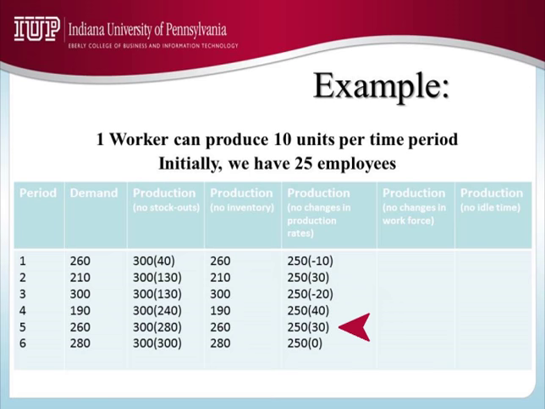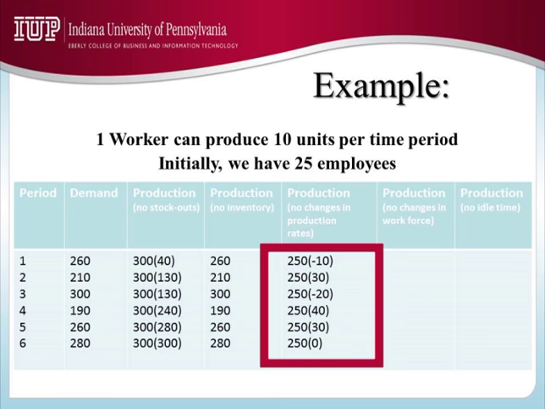The fifth time period, you were short by 10. Not to worry, because you had 40 from the previous time period. So you still have 30 left. And at the end of the sixth period, you will have zero inventory because you needed 280 in time period 6, but you had 250, 30 short, but you had 30 from the previous time period.